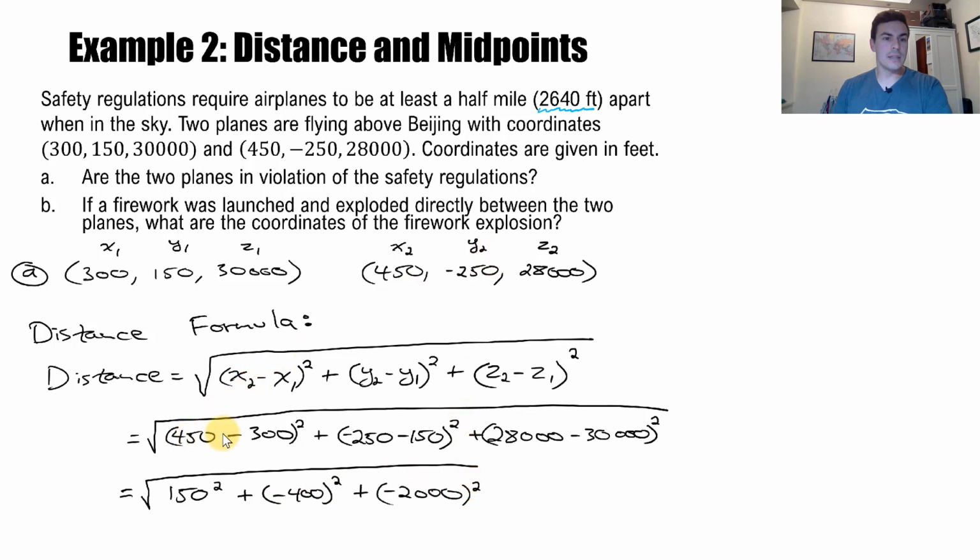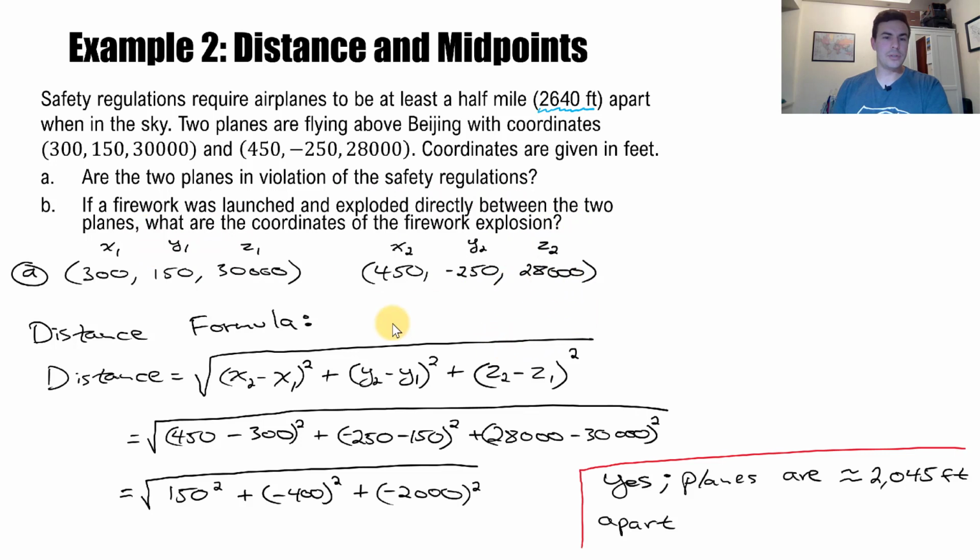That's just taking the difference of our x1s and x2s, and then the difference of our y terms, the difference of our z terms. And when you plug that into a calculator, you will find that yes, the planes are in violation of the safety regulations because they are roughly 2,045 feet apart, which does not meet our safety requirements.